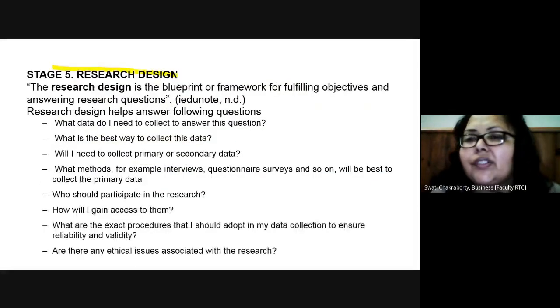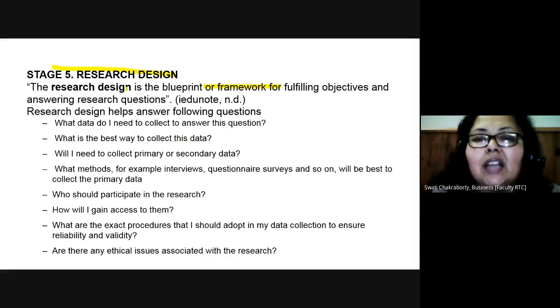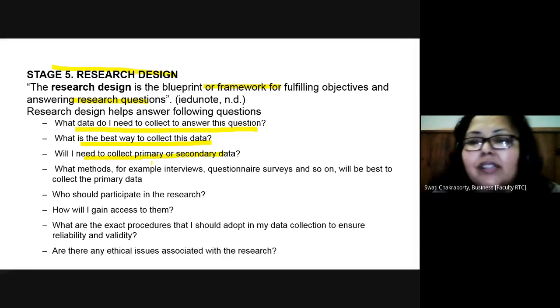What is research design? It's a blueprint or a framework which would help in fulfilling the objectives and answering all research questions. So what sort of questions do they help to answer? What data do I need to collect to answer this question? What is the best way to collect this data? Will I need to collect primary or secondary data?